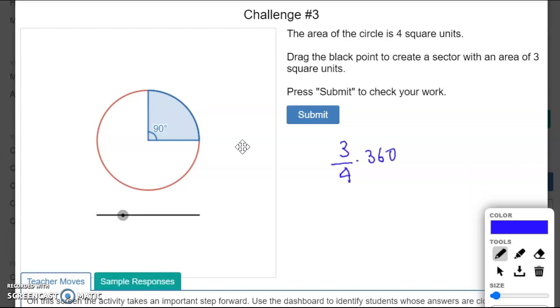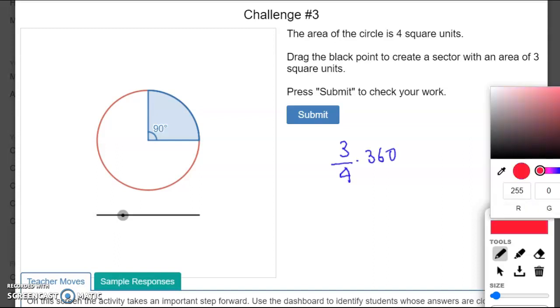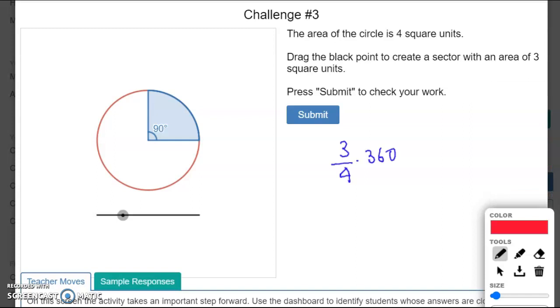Then I can divide both top and bottom. 360 and 4, they are divisible. That's going to be 90. So 3 times 90 is 270 degrees. So I just need 270 degrees measure.